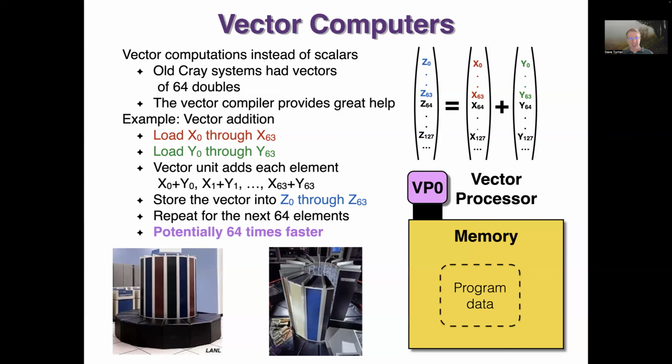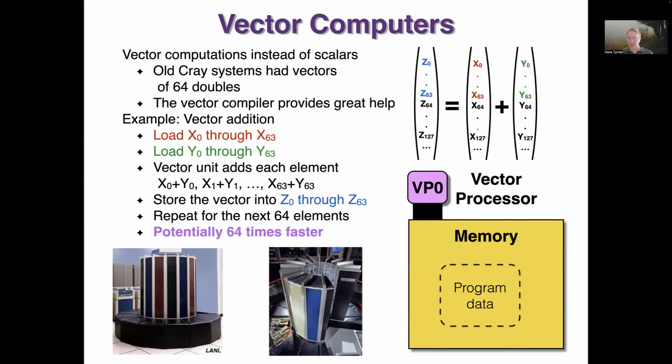So to do our vector add, if you look in the upper right corner, it would pull 64 elements of X from main memory into your vector processor. And you can see that I've drawn the line going between the processor and memory is much fatter in this case because you're loading 64 things at a time rather than one at a time.